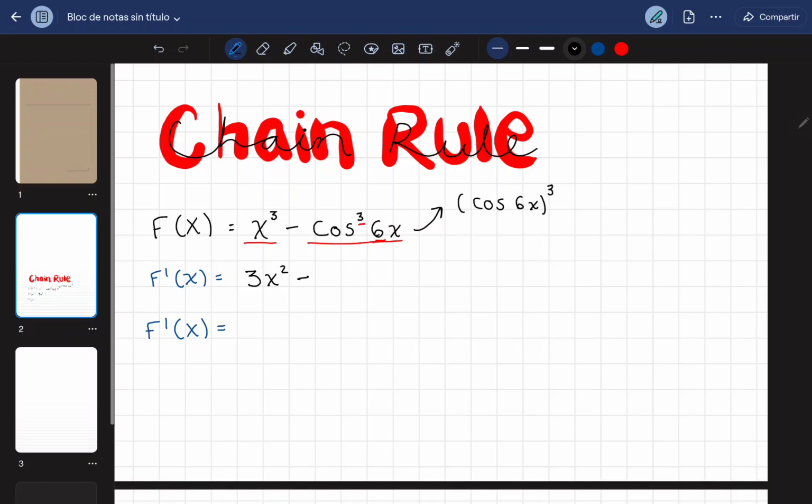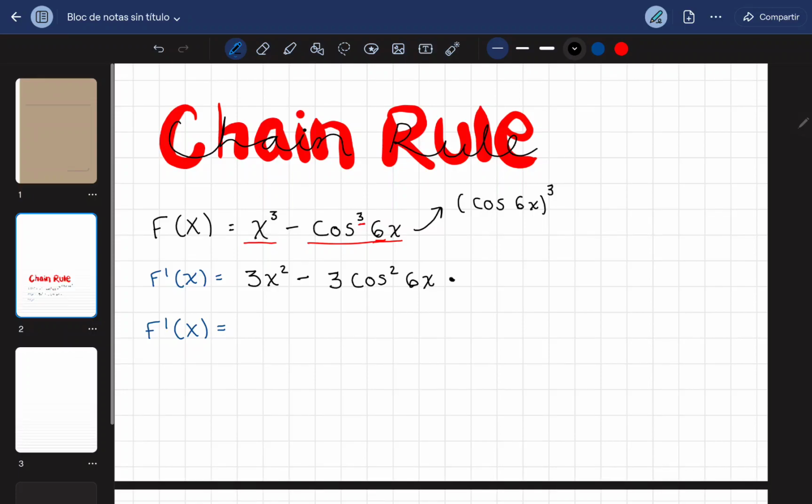Yeah. So remember, first the bigger term. So we have 3 cosine square, because it's minus 2, of 6x. And this in here is multiplied times the derivative of the inner one. And in here we need to apply the chain rule as well, because of the 6, right?